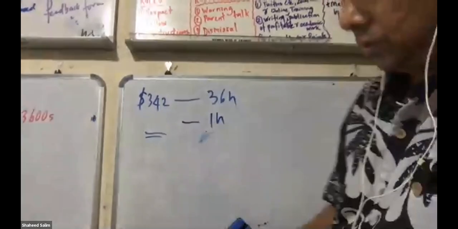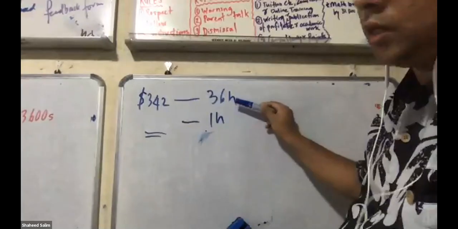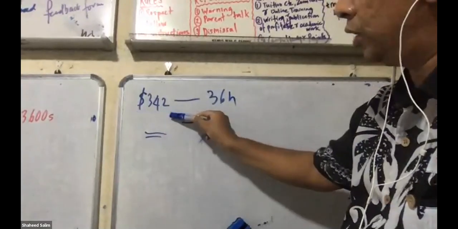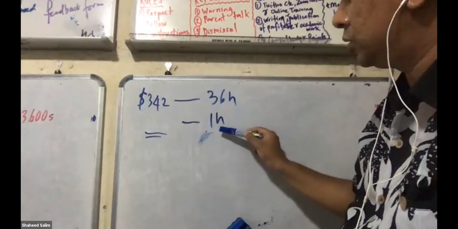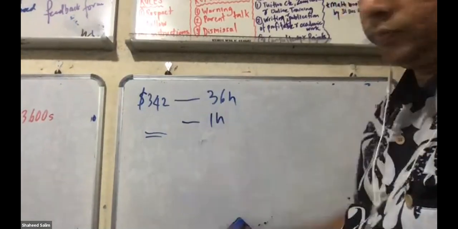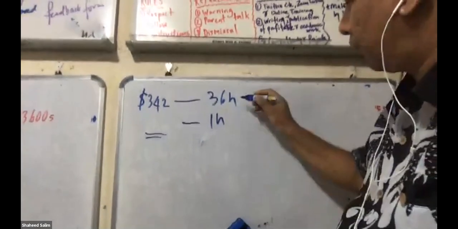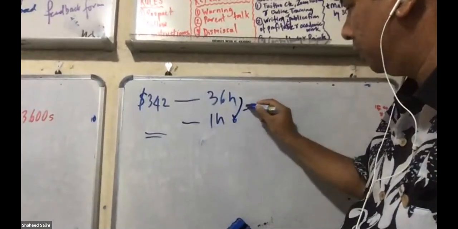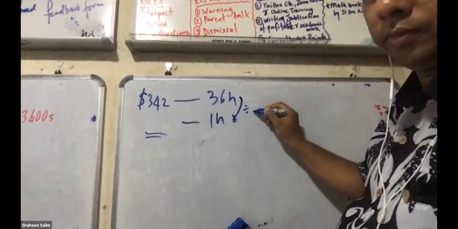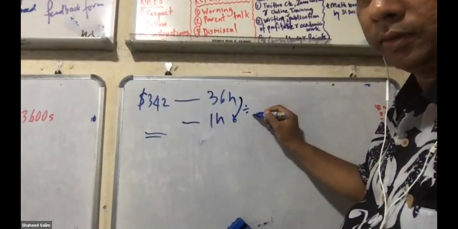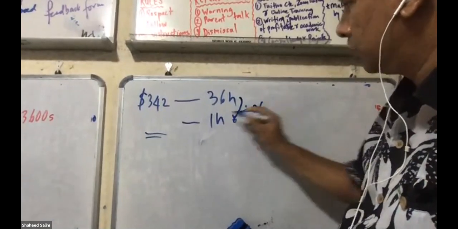1 hour is how much? So 1 week has 36 hours. His rate is 342 for 36 hours. So how do you get to 1 hour from 36? Divide by 36. 36 divided by what gives you 1? So do the same thing also.